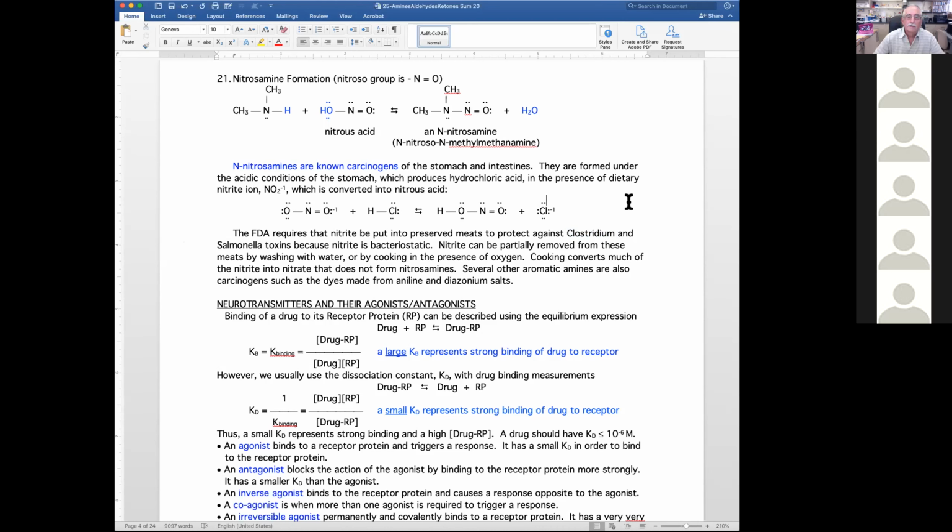So the reason why the FDA requires nitrite to put into food is because it saves lives. But on the other hand, it does increase your risk to stomach and intestinal cancer slightly.